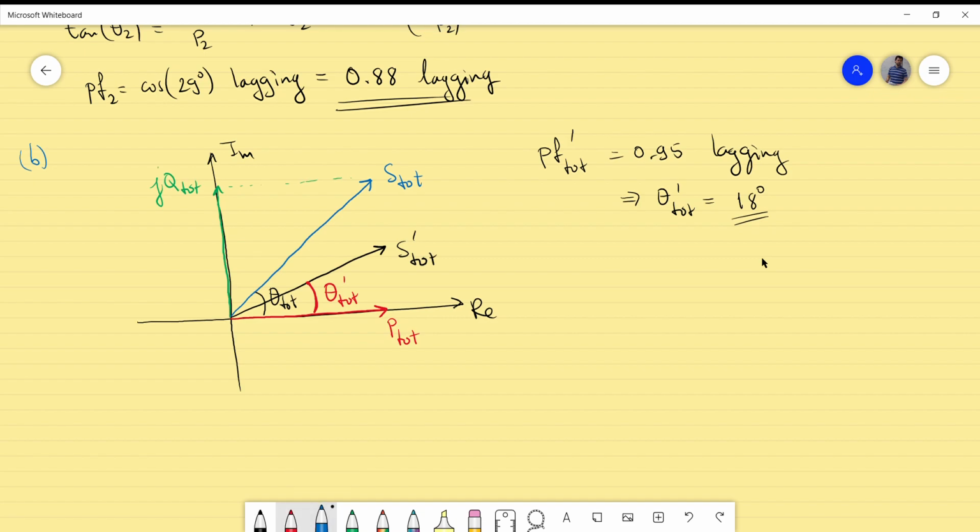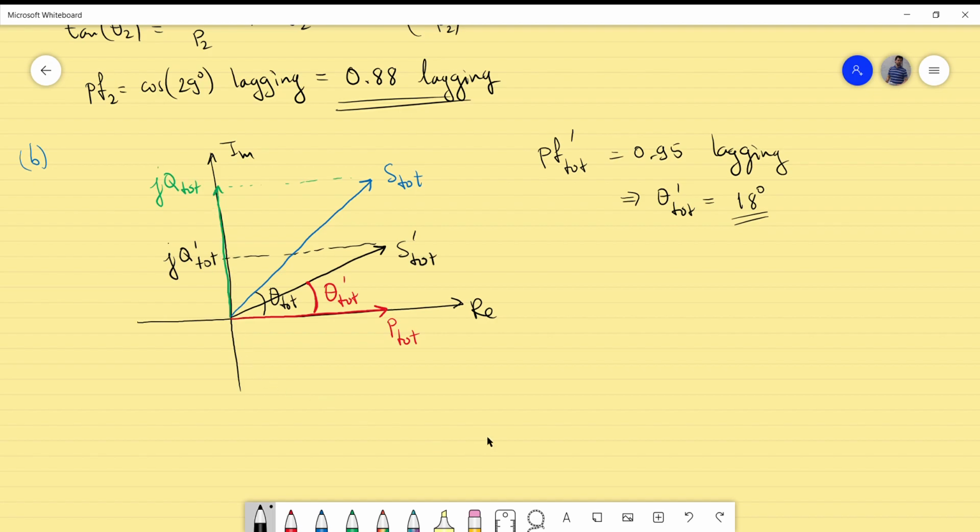And if I have the imaginary value or the reactive power, that must also be Q total prime. So what do we have? We need to reduce the inductive reactive power, of course, from this value to this value. It can be only done using a capacitor.